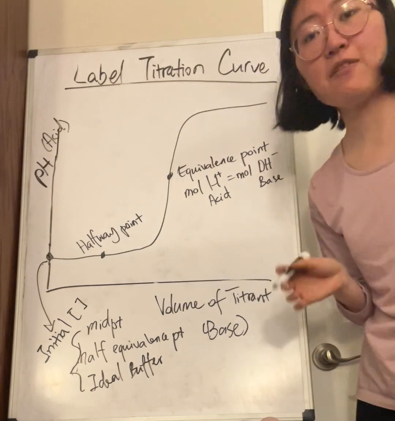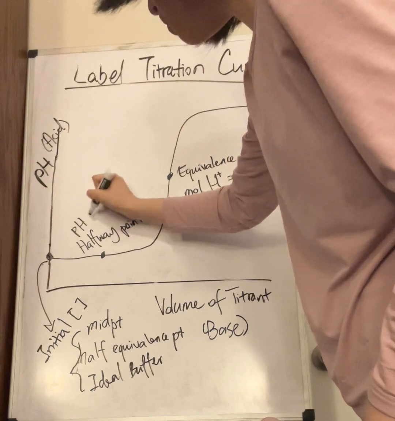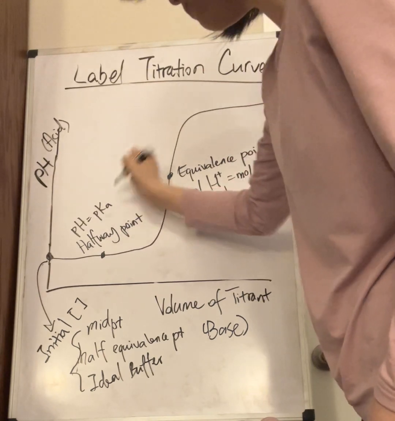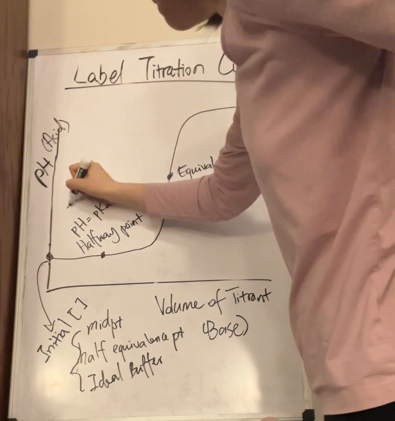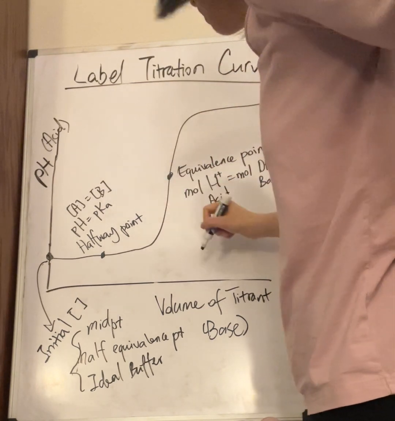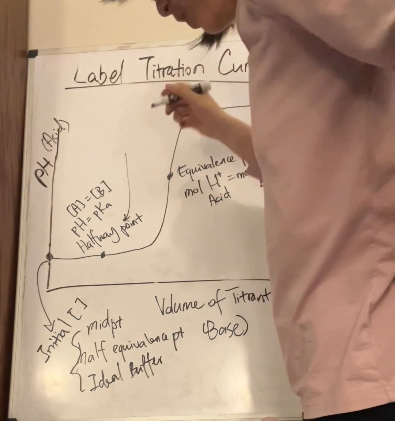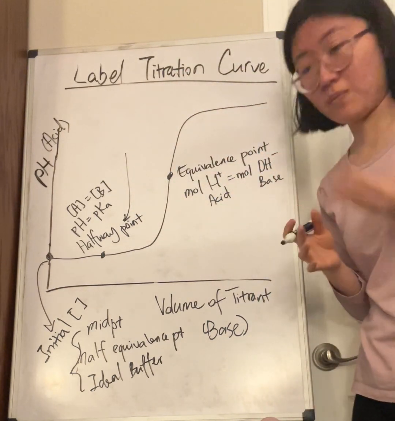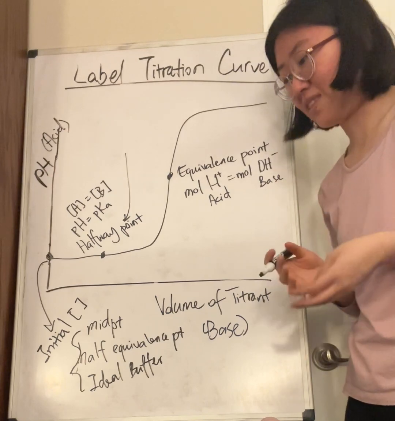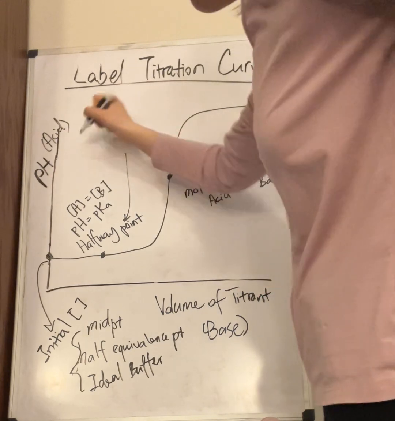So what does the halfway point do? The halfway point means the pH is equal to the pKa right here, and also the concentration of the acid is equal to the concentration of the base. By definition, we know the halfway point must be a half of something. What is that thing? It's half the volume of titrant to equivalence.